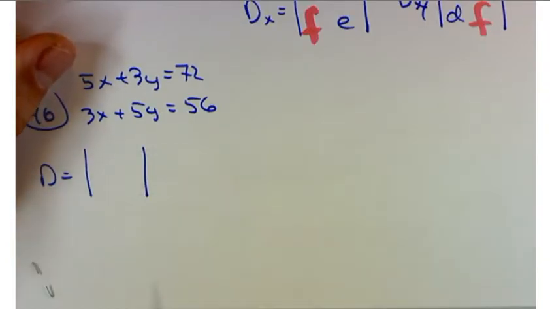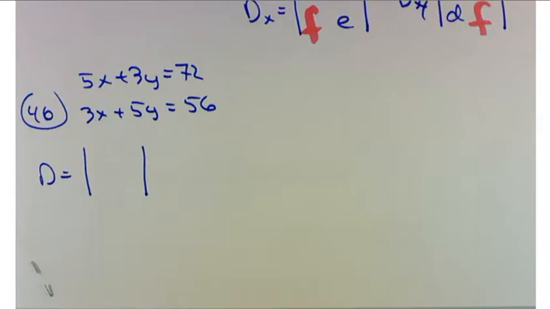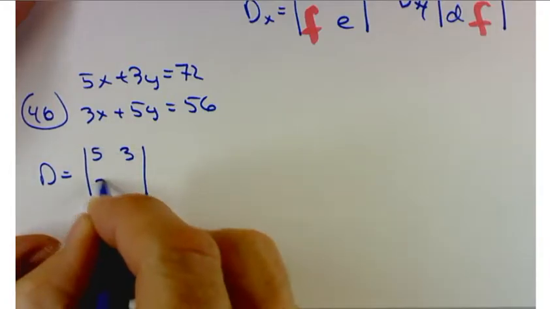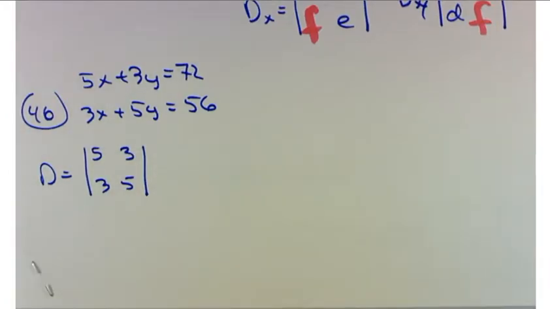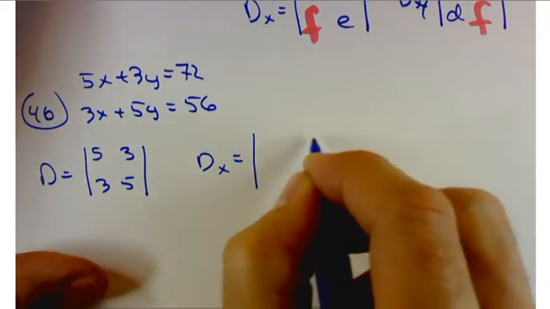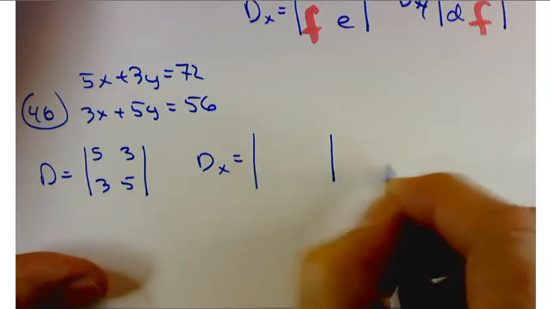We're going to start out with D, the determinant of the matrix of coefficients. What numbers go into D? Five, 3, 3, and 5. Now let's not worry about calculating that just yet. Let's come up with the next two matrices, Dx and Dy.